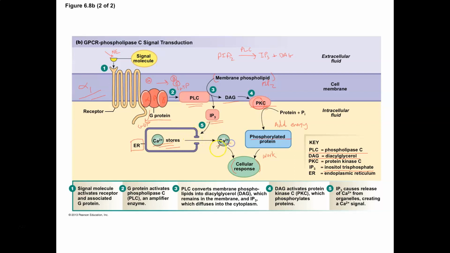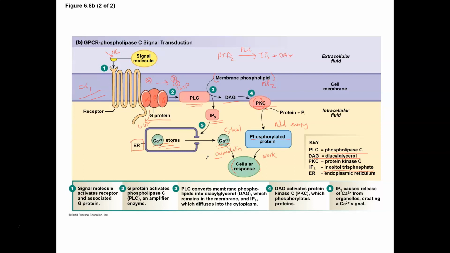That calcium, once it's in the cytosol, is going to interact with a protein. It's not listed on this diagram, but I'm going to throw it in here for you. It's going to interact with something called calmodulin, very popular protein for calcium to interact with. You can remember Ca at the beginning of calmodulin goes with calcium. So calcium interacts with calmodulin, and that is in turn going to go on and alter the cellular activity.